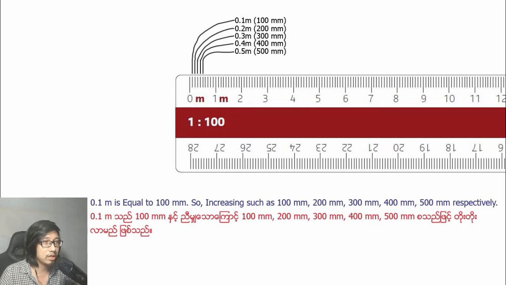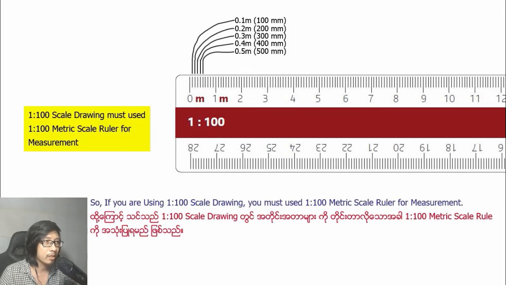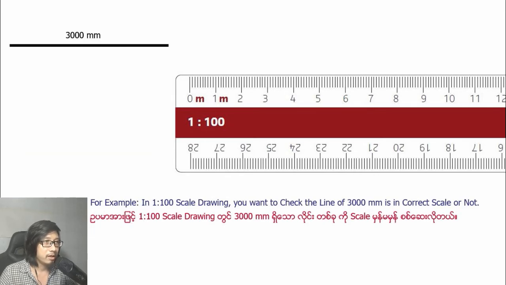So it increases as 100 millimeter, 200 millimeter, 300 millimeter, 400 millimeter, 500 millimeter respectively. So if you are using a 1 to 100 scale drawing, you must use a 1 to 100 metric scale ruler for measurement. For example, in a 1 to 100 scale drawing, you want to check whether the line of 3000 millimeter is in the correct scale or not.